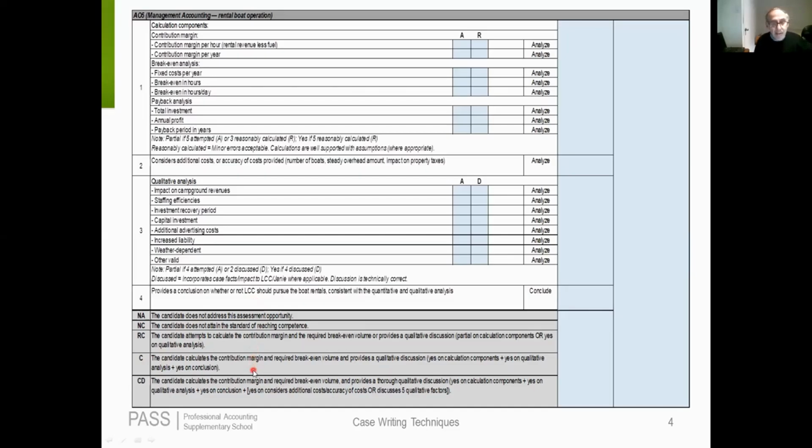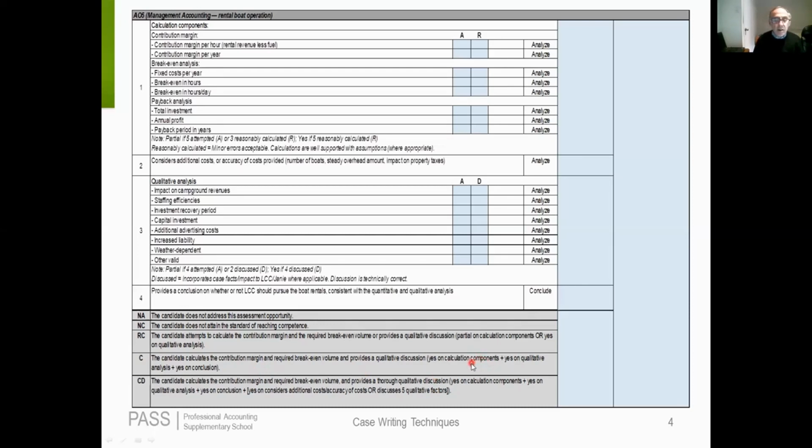Now I'd like to take a look at what you needed to do to get competent versus reaching competence. Because again, I really want to move from reaching competence to competent if at all possible. So if I got reaching competence, I need to understand what I need to do to move up that level to competence. If you look at competent, it says the candidate calculates the contribution margin and required break-even volume and provides a qualitative discussion. Now, what does that mean?